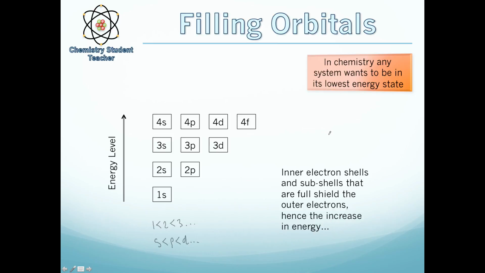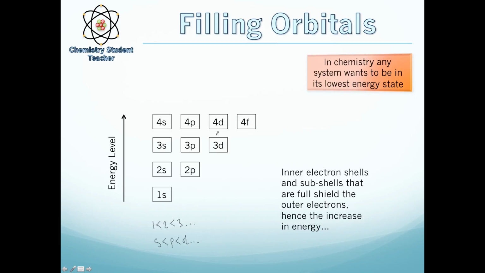The reason why the energy levels are different as you get further away is that once you fill up, say, this 1s, the 2s is being blocked by the negatively charged electrons in the 1s. Like I said, they're a bit like magnets, so if you try to put two of the same poles together, they're repelled.